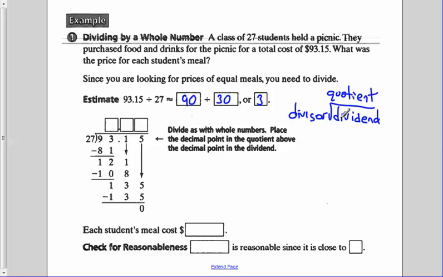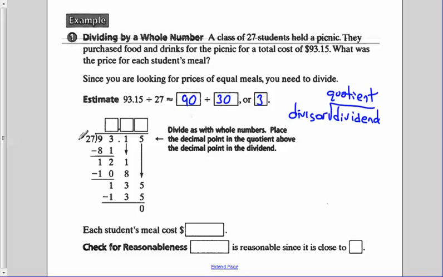Our dividend is the number that we are dividing. Our divisor is what's doing the dividing. So if you are a swimmer, you swim. If you're a ball player, you play ball. Here our divisor is dividing. And then our quotient is the answer to a division problem.